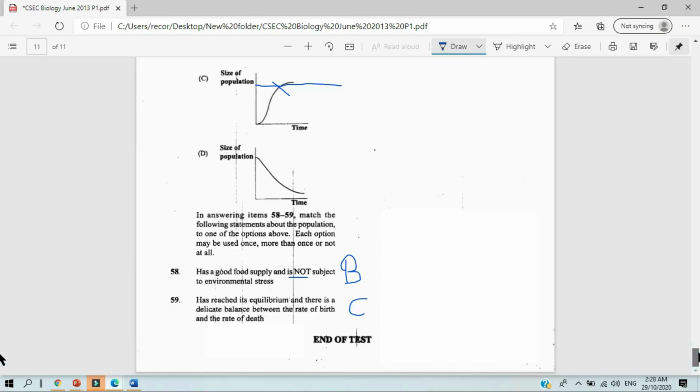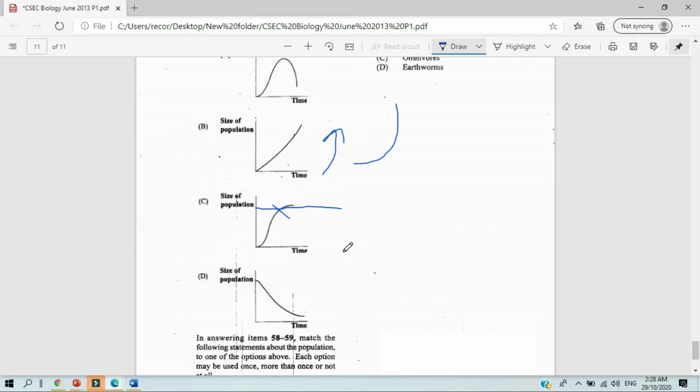I chose C, and this is why I chose C. If you look at this graph, it is coming up with a nice F, log phase, exponential, and that type of thing. Let us go through this graph. Right about here it is reaching the carrying capacity. So this is the carrying capacity, a straight line coming across.